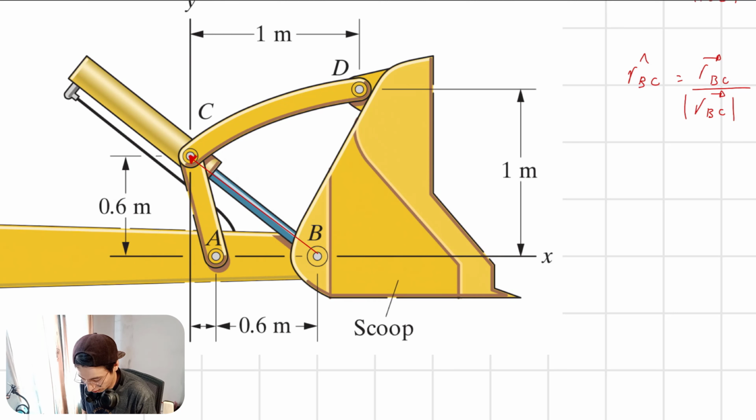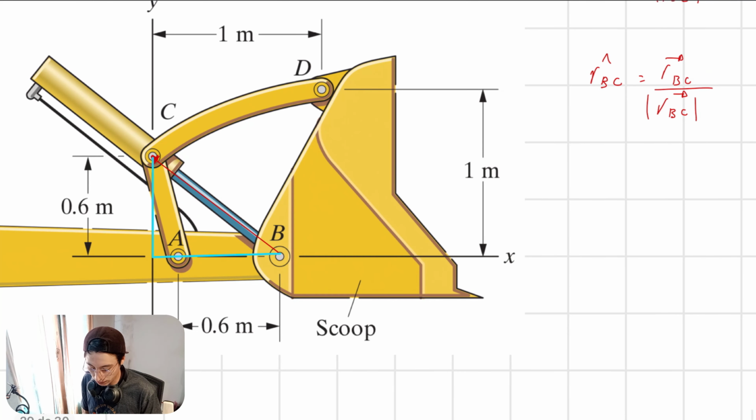We need this vector. How can we determine that vector? Let me see, we can create, for example, this triangle, because the magnitude of the vector is going to be equal to this length.